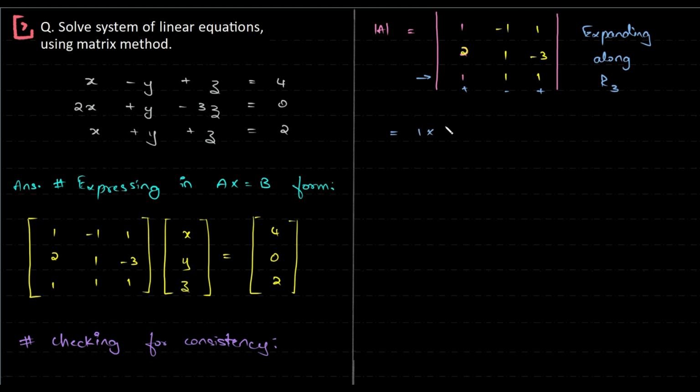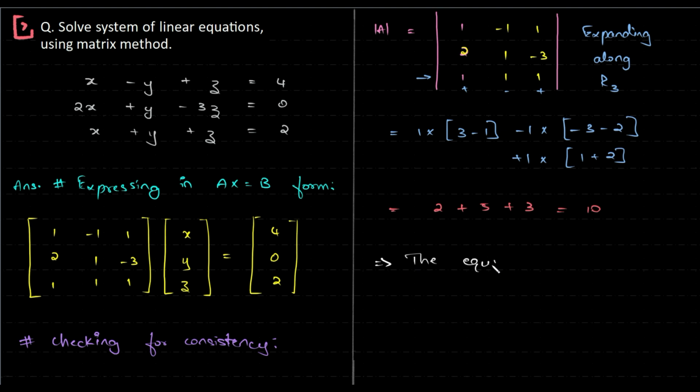So we have 1 into 3 and minus 1, then minus 1 into minus 3, minus 2, and we have 1 into 1 plus 2. Certainly not 0. So this is 5 and this is 3. So this is 10. From this we can imply that the equations have solutions.